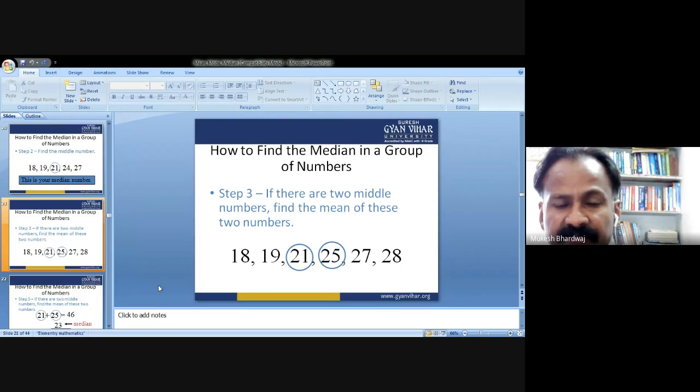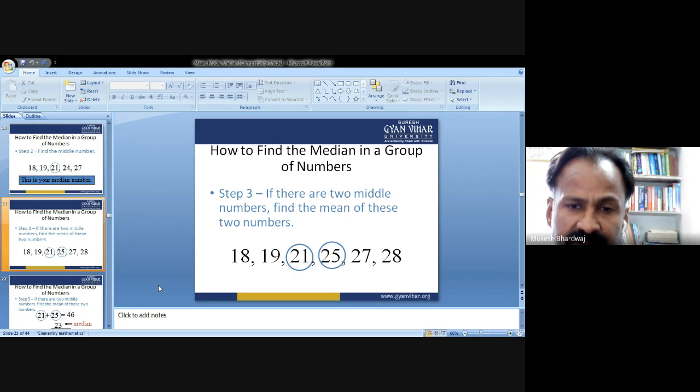So in the case of an even series, the two numbers near the middle, you add these two numbers and divide by 2, and that will give your middle value. That middle value is not present in the series.